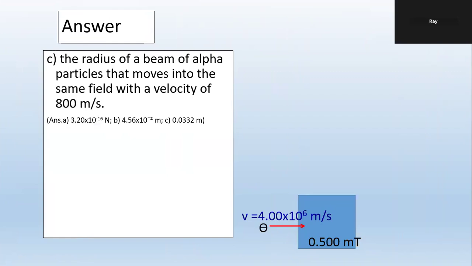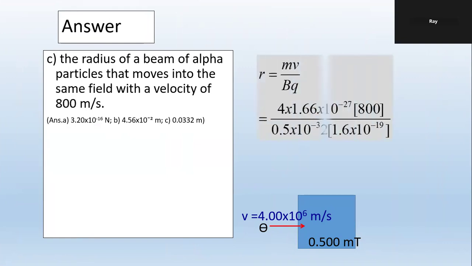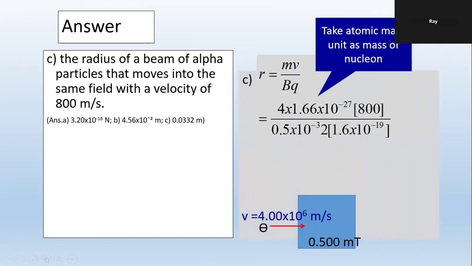Radius of beam of alpha particle moving into the same field with the velocity of 800 meters per second. Same equation. Calculate out. All these things you should be able to calculate out.